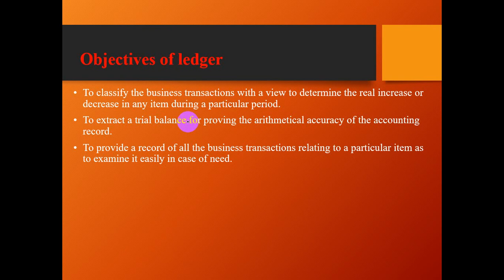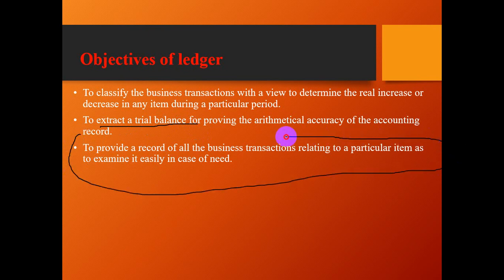Second, to extract a trial balance to prove the arithmetical accuracy of the accounting records. Third, to provide a record of all the business transactions related to a particular item, so as to examine it easily when needed. For that purpose we need to review it, so we prepare the ledger account.